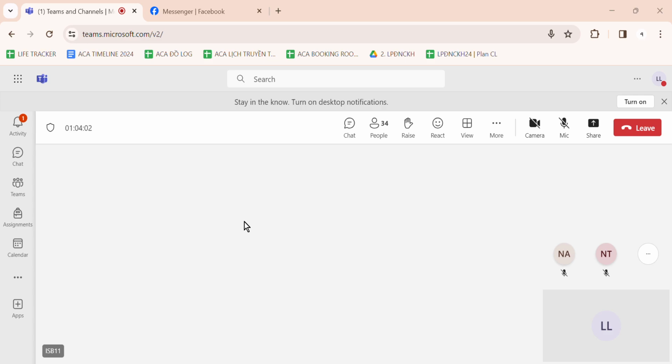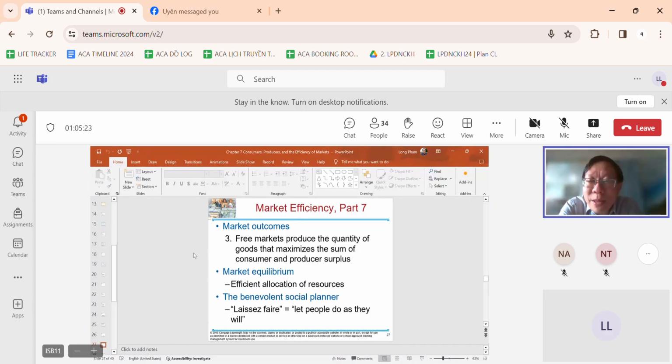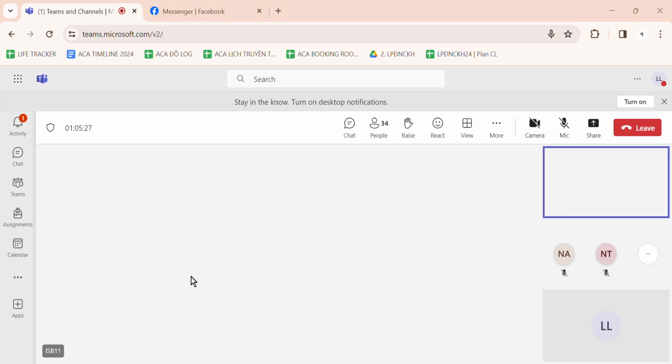Okay, you can see here, a large surplus for society. So you can find this very important sentence: a free market produces the quantity of goods that maximizes the sum of consumer and producer surplus.